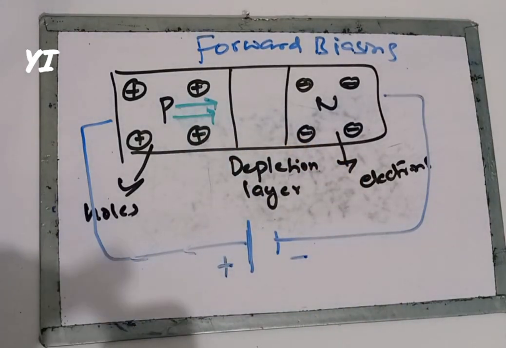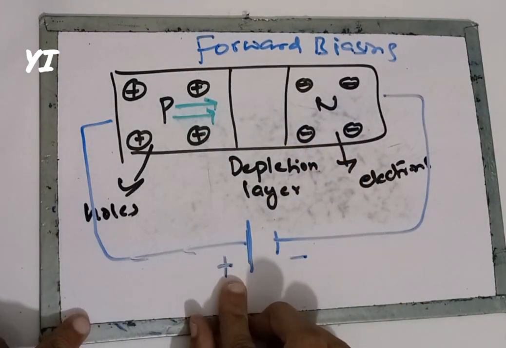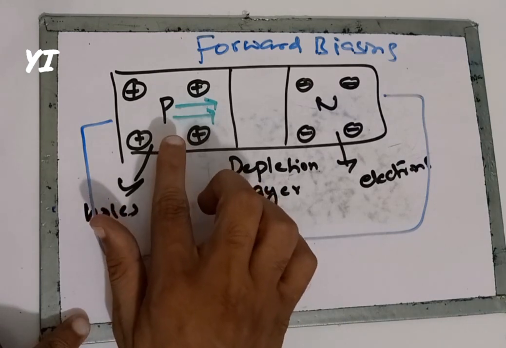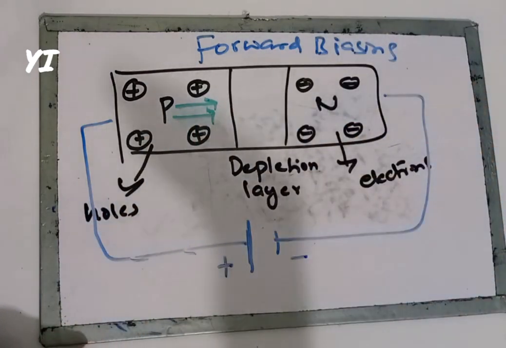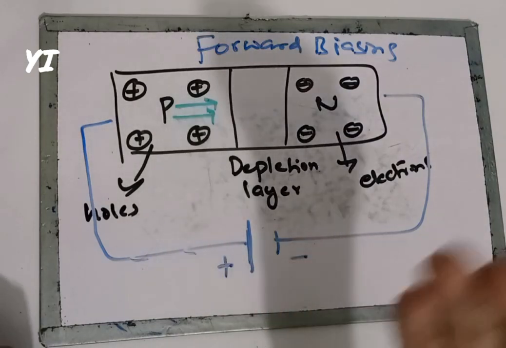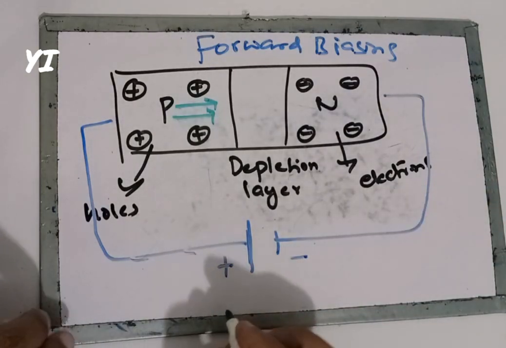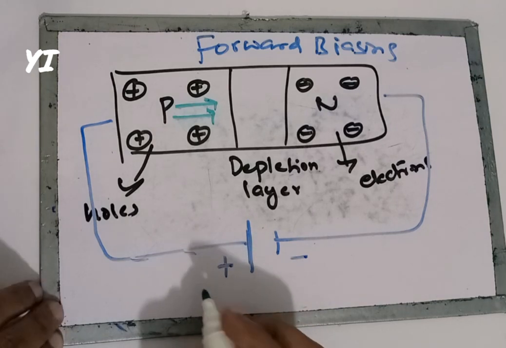Because this positive plate can repel these p holes, they will jump over the n side, and that is how the current flows in forward biasing, because of the electrostatic repulsion.